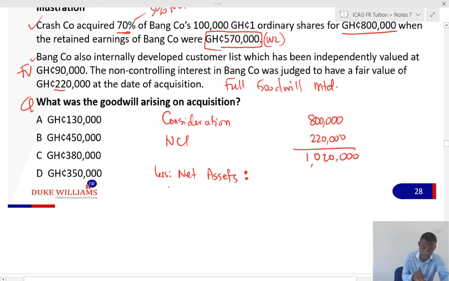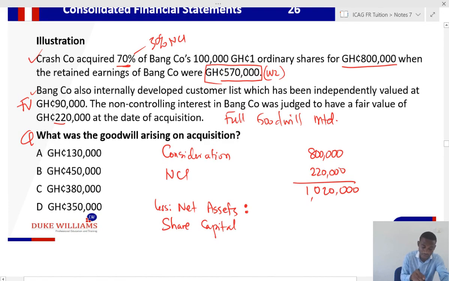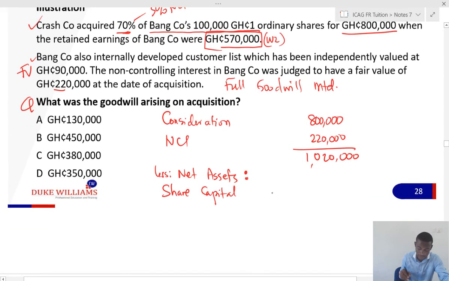Now the net assets will have share capital. Banco's share capital is 100,000 shares times 1 Ghana, so the share capital will be 100. Then the retained earnings at acquisition, the pre-acquisition retained earnings, were given to be 570. We need that. This is more like the workings 2 pro forma we have seen earlier, us building the workings 2.